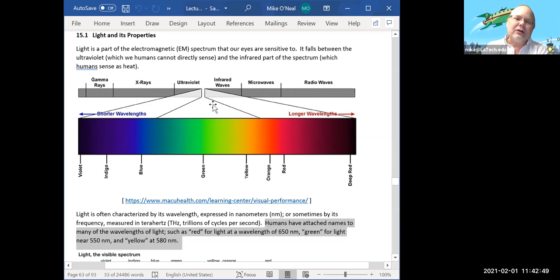What wavelengths are in the middle? That's what we call greenish, right? So we would expect that we would be most sensitive to energy in the center portion of the range that we can detect, right? Another way of saying that is you're less sensitive to red and you're less sensitive to blue than you are to green.